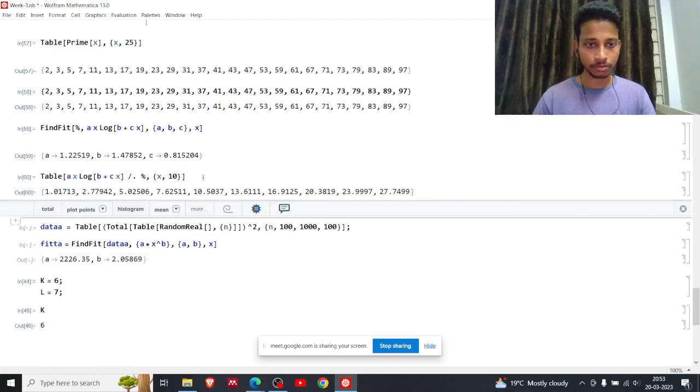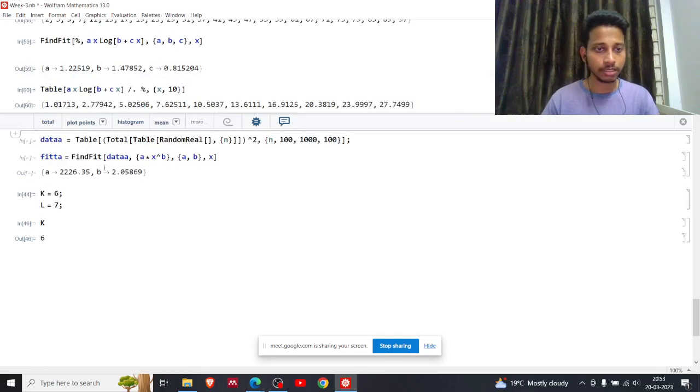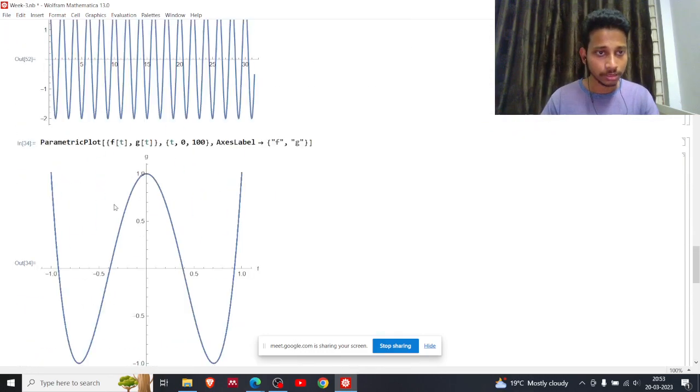So now it's changed a little bit. So according to this fit, the first value is 1.01713, which was supposed to be 2. Then for 3 it is giving 2.779, and so on. So this is the thing, and then next example.